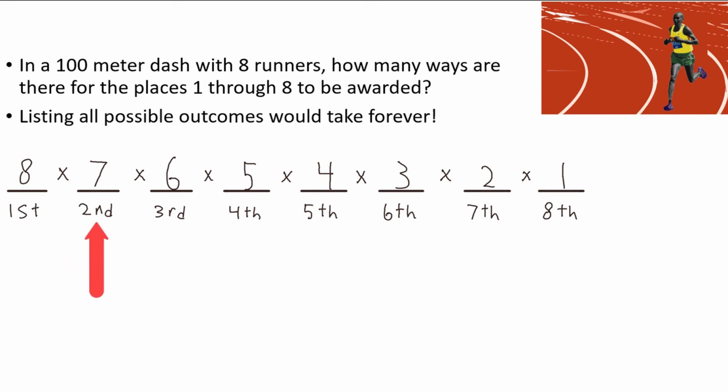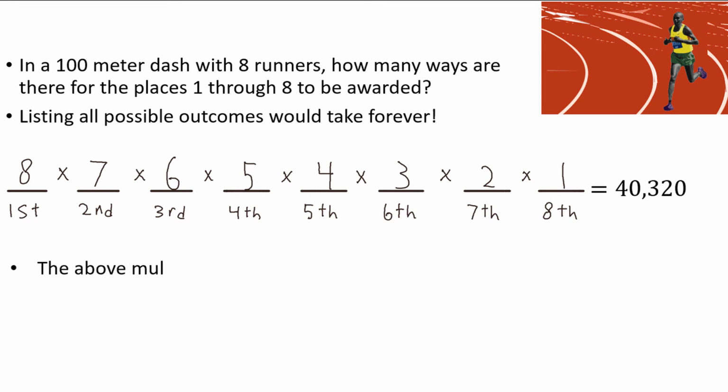Once second place finishes, there are 6 runners remaining competing for third place, etc. all the way down to 1. The multiplication rule for counting tells us that we can multiply all of these numbers together to get the total number of ways the places can be awarded. 8 times 7 times 6 times 5 times 4 times 3 times 2 times 1 is equal to 40,320. There are 40,320 ways that the runners can finish.